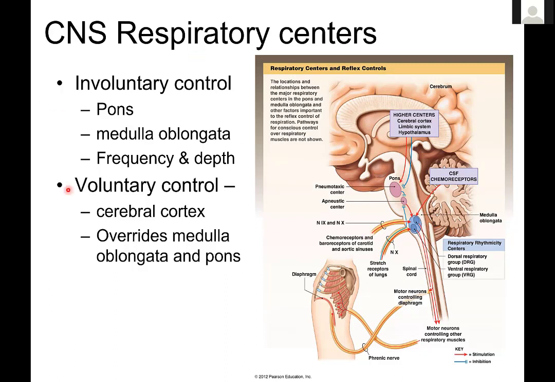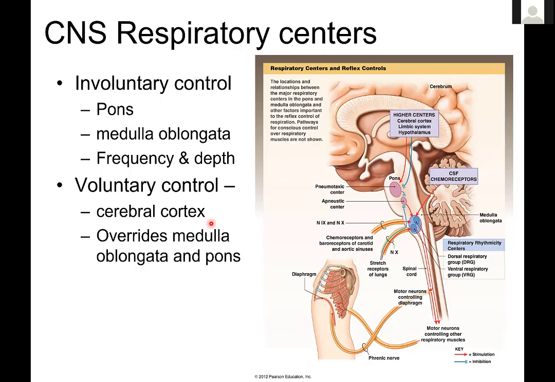So we have voluntary and involuntary control, as I mentioned previously. And the involuntary control comes from the pons and the medulla oblongata. We'll get to the details of that in the next slide. Voluntary control initiates at the cerebral cortex. So remember, the precentral gyrus contains upper motor neurons that are mapped to your musculature.